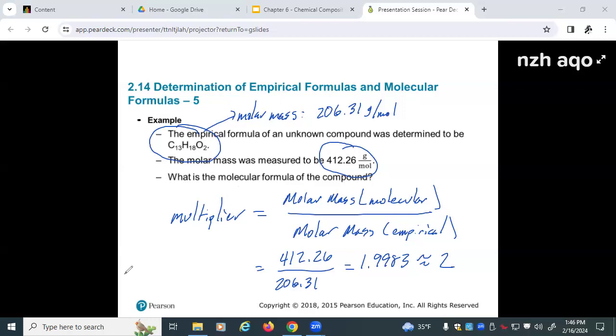And so the molecular formula is going to be double the empirical formula. So it'd be C26H36O4. I just take each of those subscripts that make up my empirical formula and double them. If my multiplier was 3, I would triple all the values. If my multiplier was 4, I'd multiply all the values by 4. In this case, however, it's just 2.